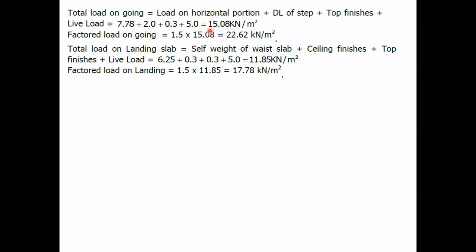This one is just a working load. That's why you are going to convert it to factored load as you are designing for limit state method.